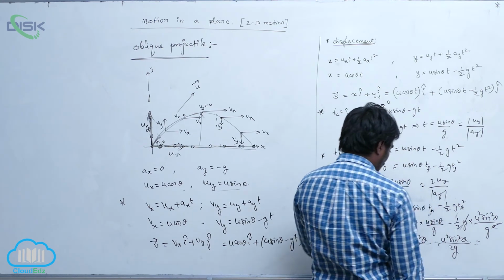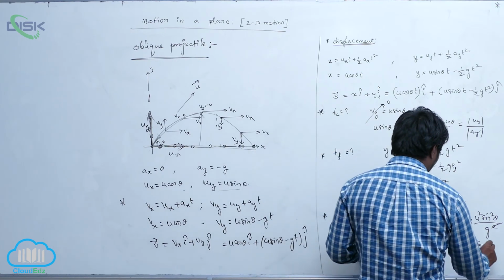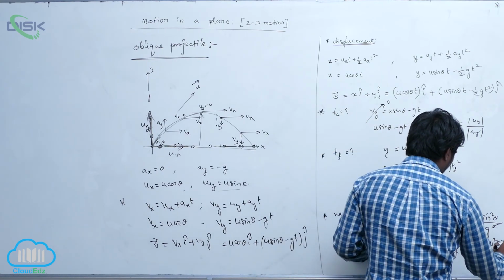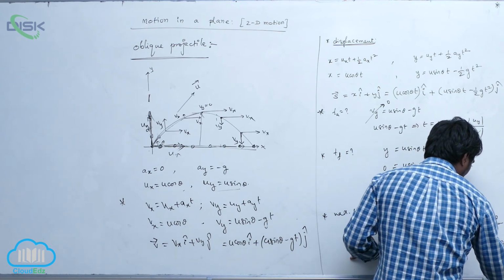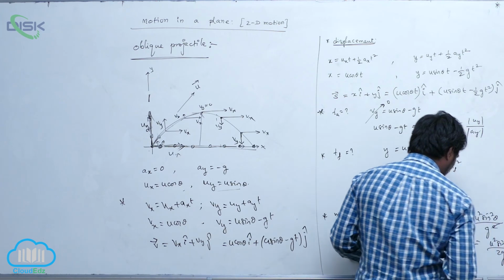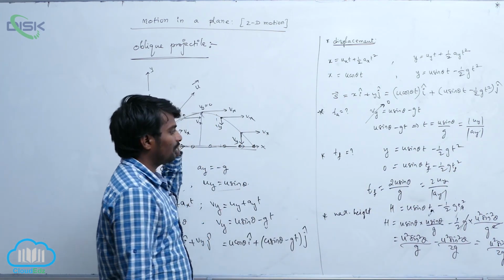What are you going to get? u square sin square theta by g, you take common, 1 minus 1 by 2, that is 1 by 2. So u square sin square theta by 2g, that is uy square by 2ay, you can write. This is the maximum height reached by this projectile.